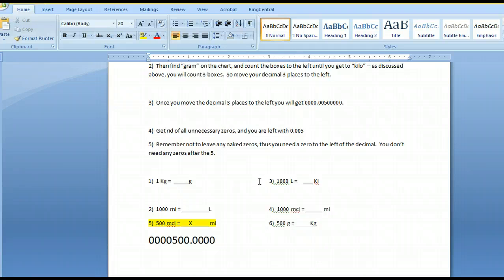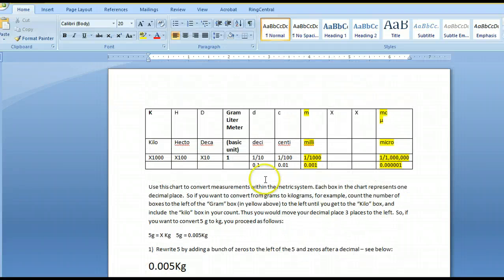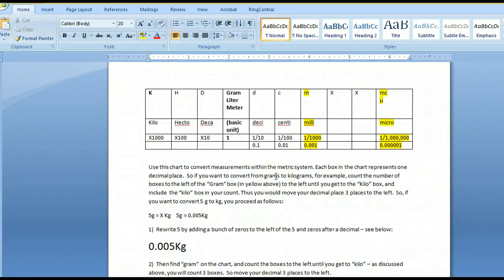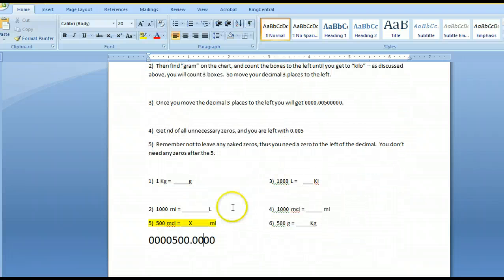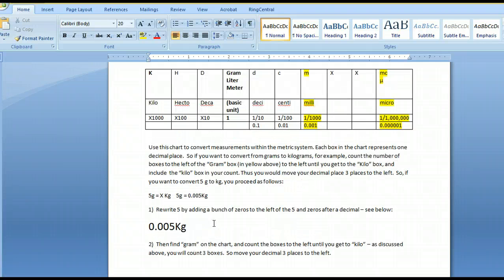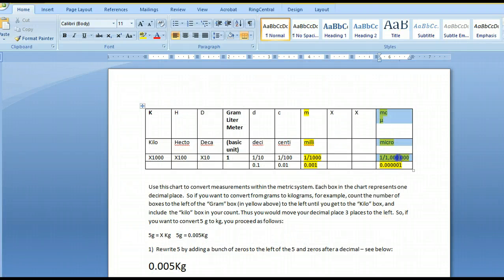Alrighty. Now we've got our number rewritten. Let's go back up and see in what direction, and how many places we're going to move our decimal. We are going from micro to milli. So we're going to go 1, 2, 3.